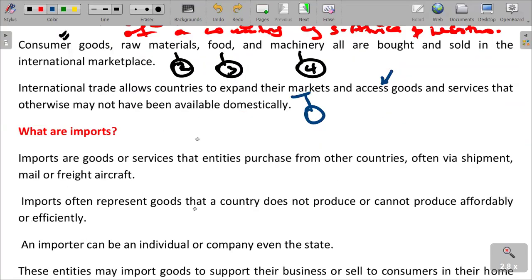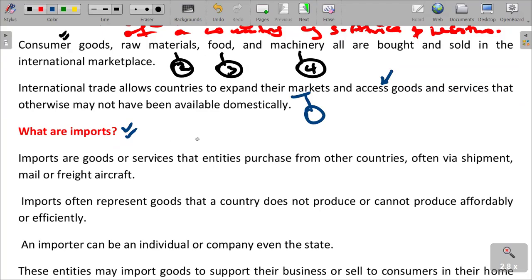So when we talk about international trade, it involves imports and exports. I want us to quickly look at what imports are. There are two performing functions which need to be understood when we look at international trade.